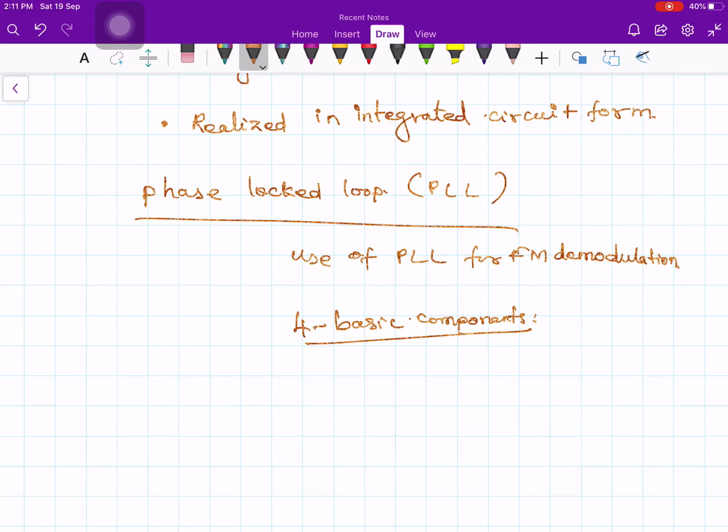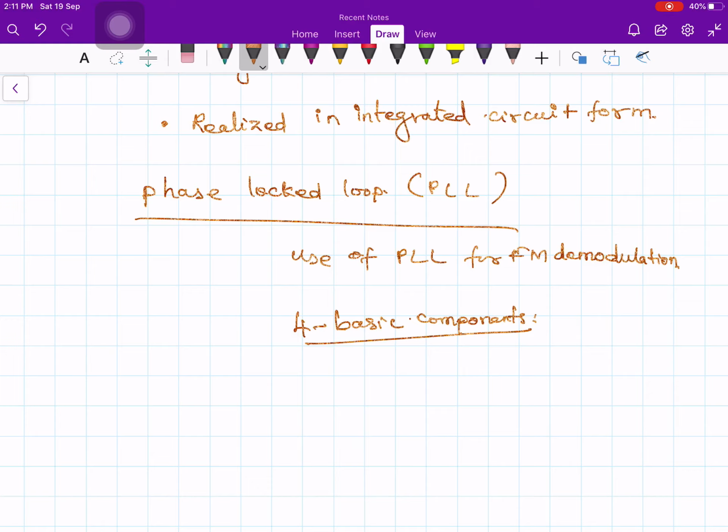As I said, it has 4 basic components, and there is feedback involved amongst these components. The 4 components are phase detector, voltage controlled oscillator, loop filter, and the 4th one is loop amplifier. So these are the 4 components it has.